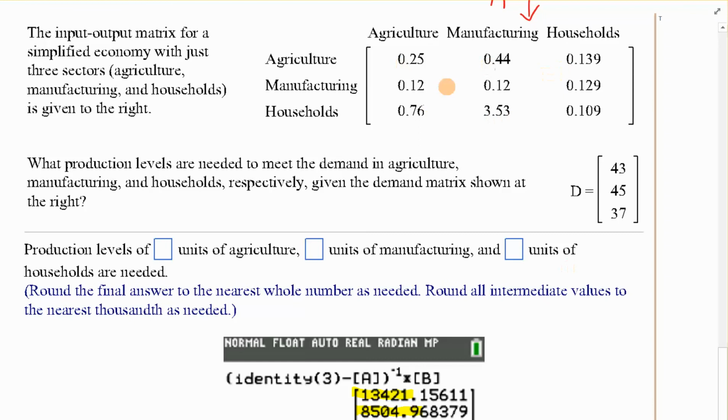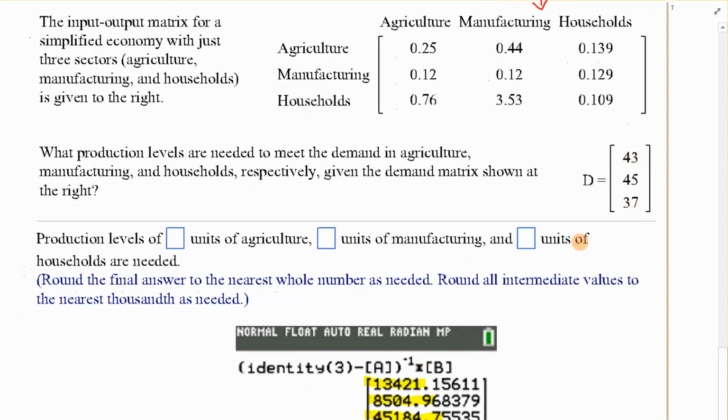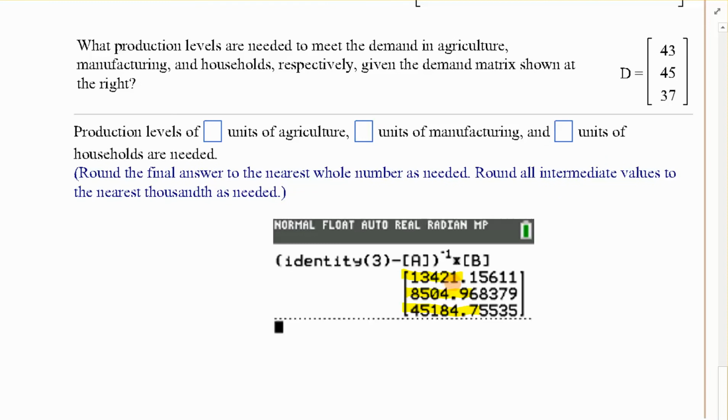Now, we have a 3 by 3, so we need identity 3 minus this A. Take the inverse of that and multiply it times our demand matrix. You get 13,421, 8,504, and 45,184, and we're doing whole numbers. So those in yellow are the numbers that will go in your boxes. So that's how we're going to use the input-output model and get our calculator to help us do that.